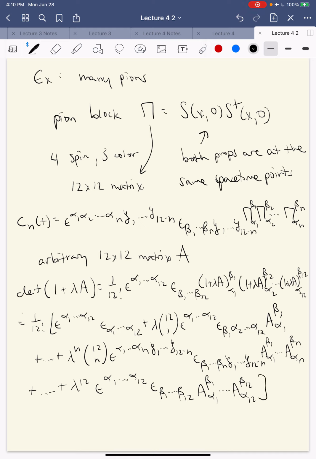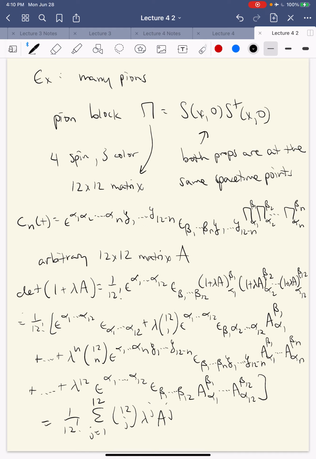And so this you can write in closed form as 12 choose j for each term. We have a lambda to the j, and we have an A to the jth power.